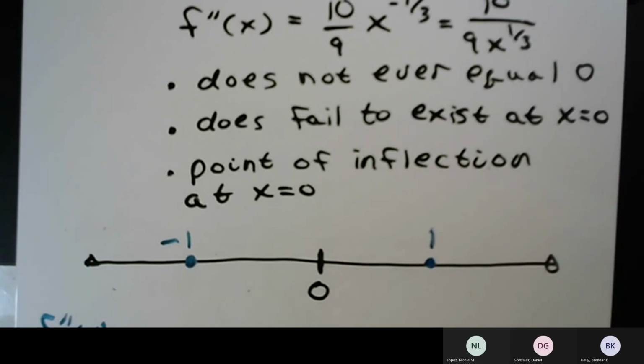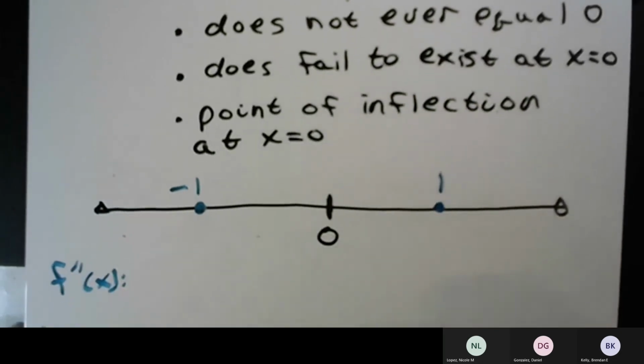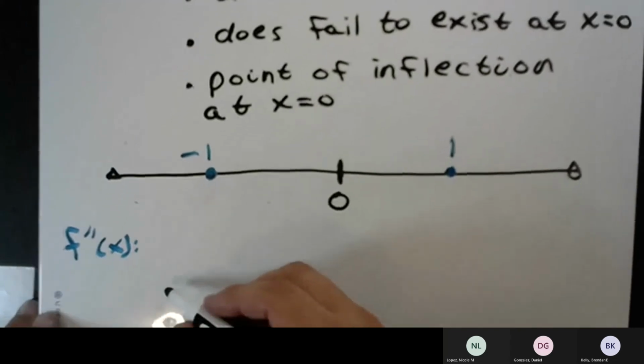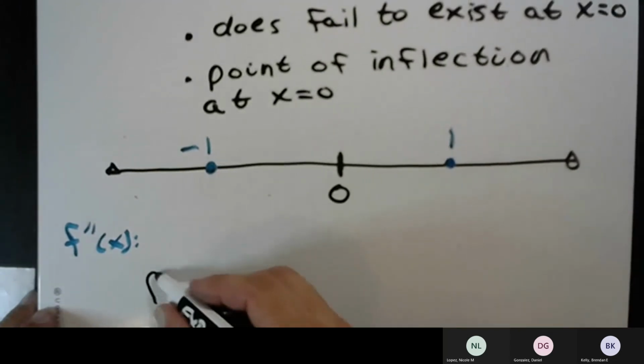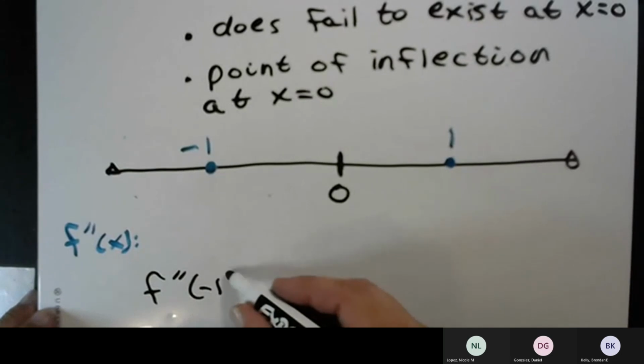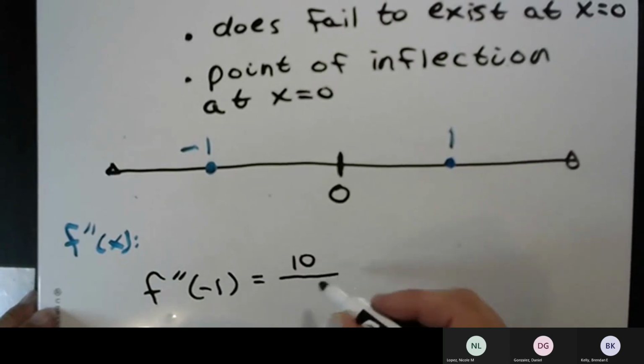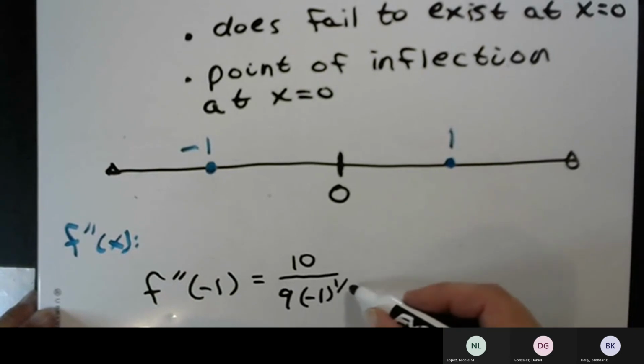So if we plug in -1, f double prime of -1 will be 10 over -1 to the 1/3.